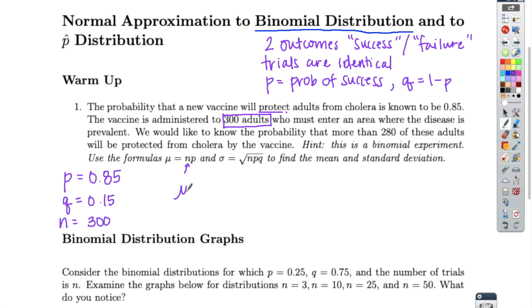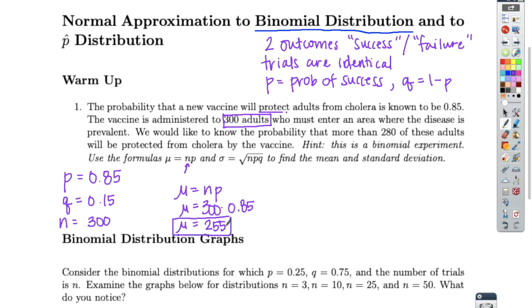So I'll start with the mean. Mu is n times p. Well, in our case, n, the sample size, is 300, and p, the probability of success, is 0.85. And so when I throw those into my calculator, that comes out really nicely. The mean, or the expected value, is 255.